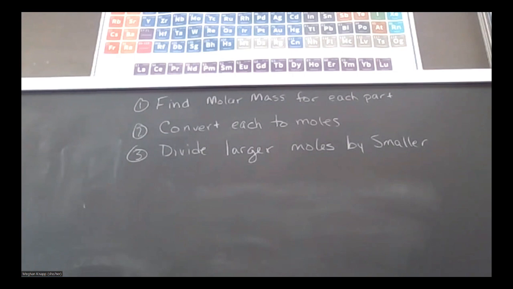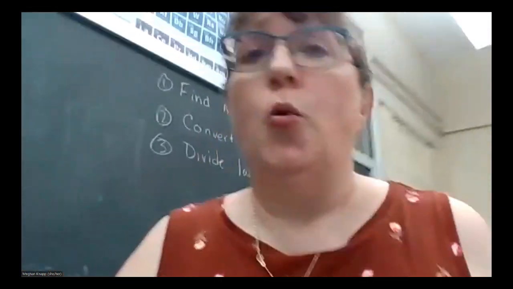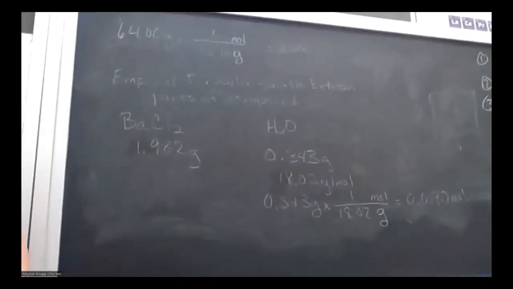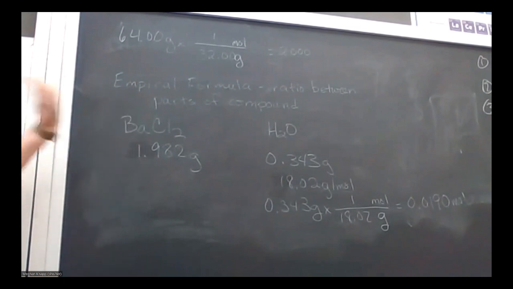So using that same method as above, we would take the 0.343 grams times a fraction with grams on the bottom, moles on top, with the 18.02 on the bottom, and when we plug that in, we're going to end up with 0.0190 moles, okay? Because we're right out of time, I'm just going to jump ahead.